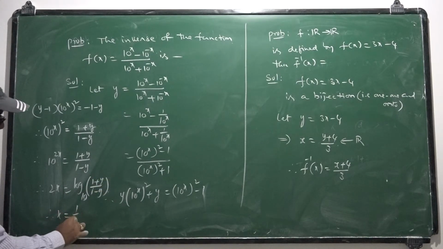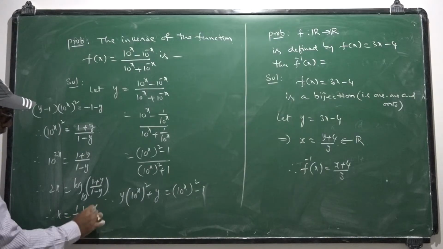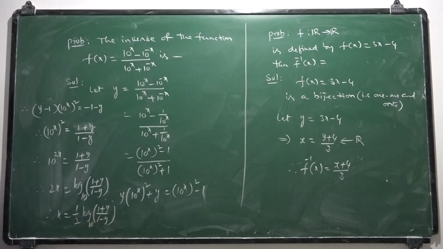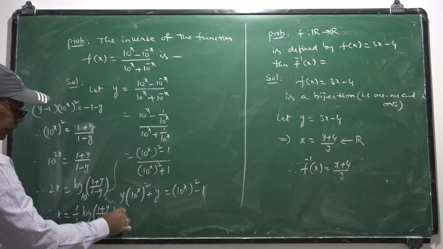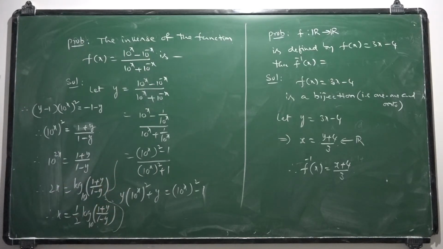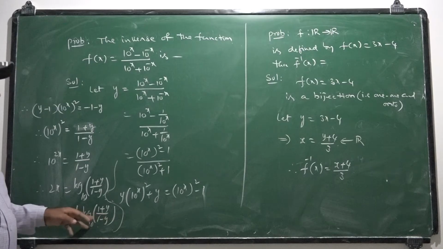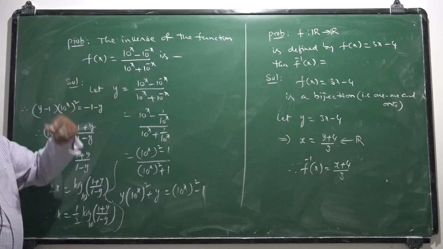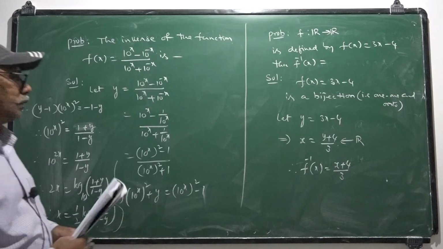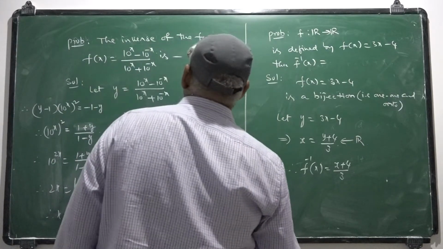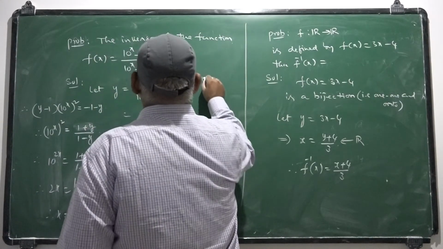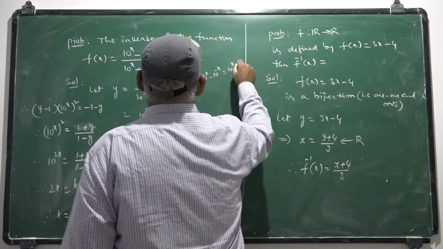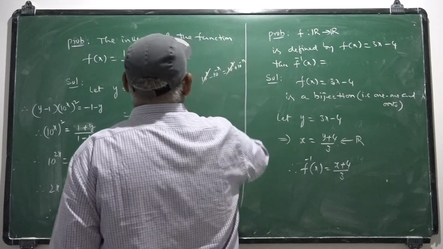So x in terms of y is 1 by 2 log (1 plus y) by (1 minus y) to the base 10. This is the inverse of the function, valid for y not equal to 1. If y equal to 1, then 10^x minus 10^(minus x) equal to 10^x plus 10^(minus x).